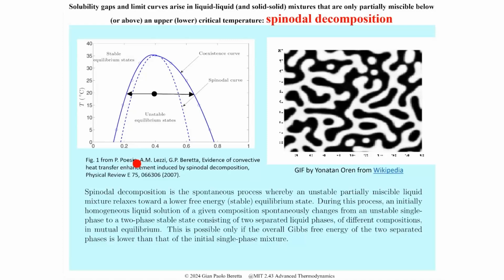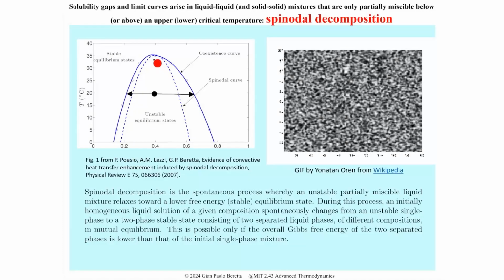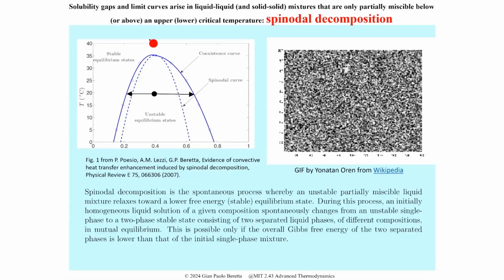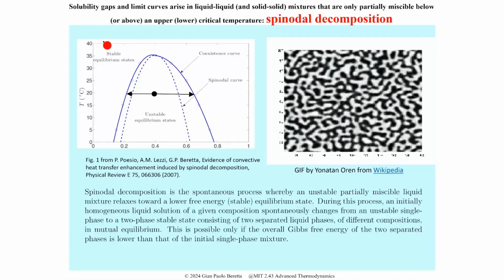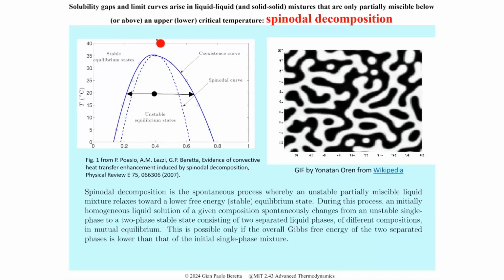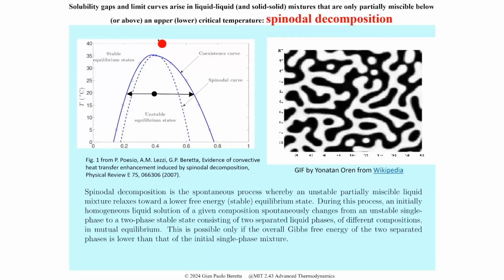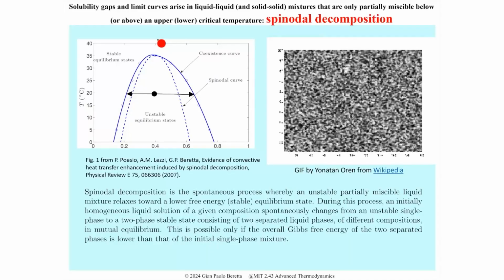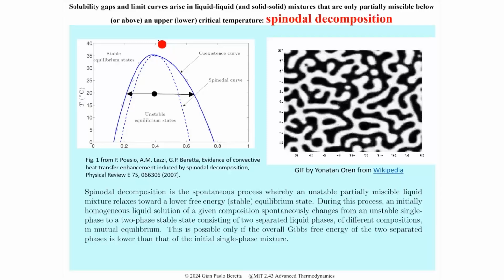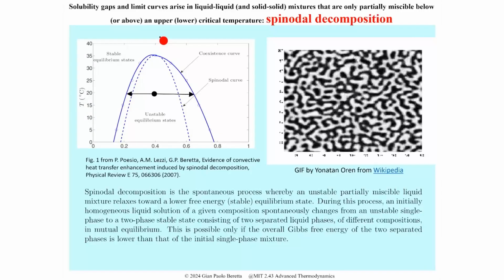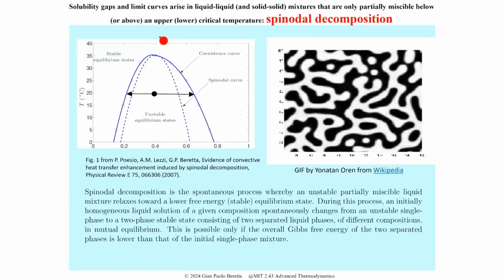So by some means, for example, one possibility is to start from a mixture at a temperature above critical, say here, and then you find a way to quench it, much like what we discussed also for the van der Waals spinodal decomposition.